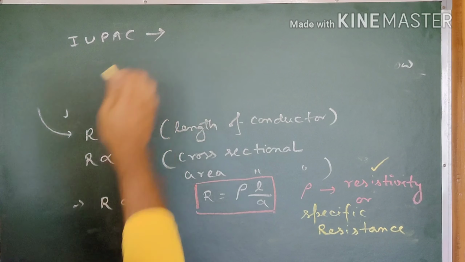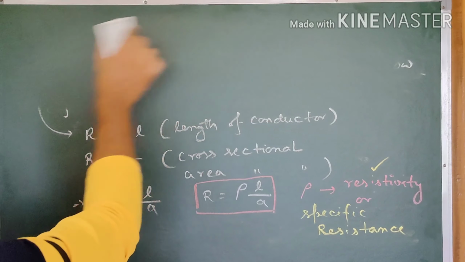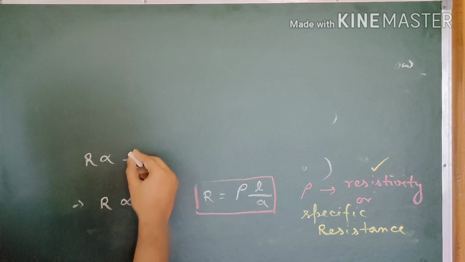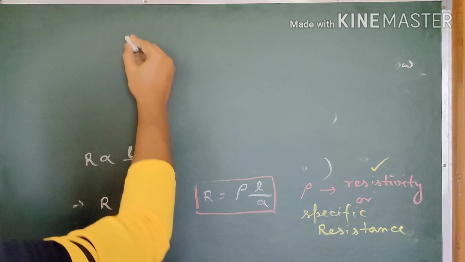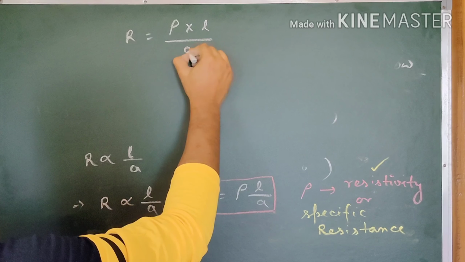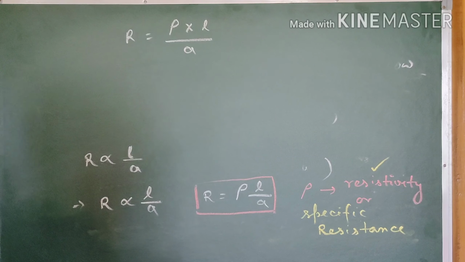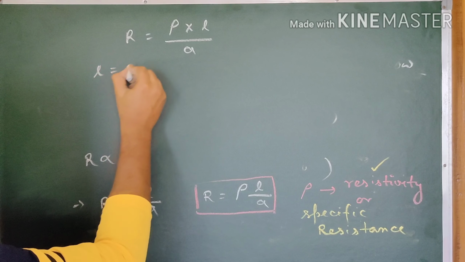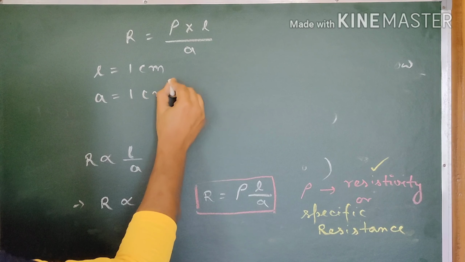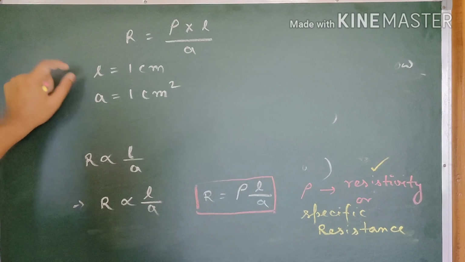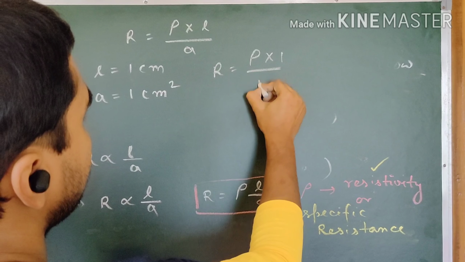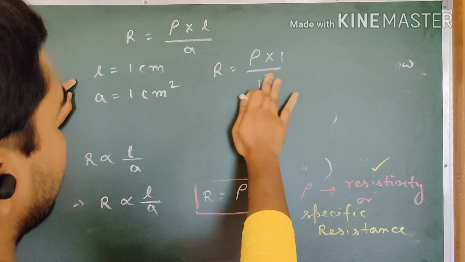Now if I rewrite this fact, where R is proportional to L by A, R is equal to rho into L by A. If I take L equal to 1 centimeter and A equal to 1 centimeter square, so R is equal to rho into 1 by 1.